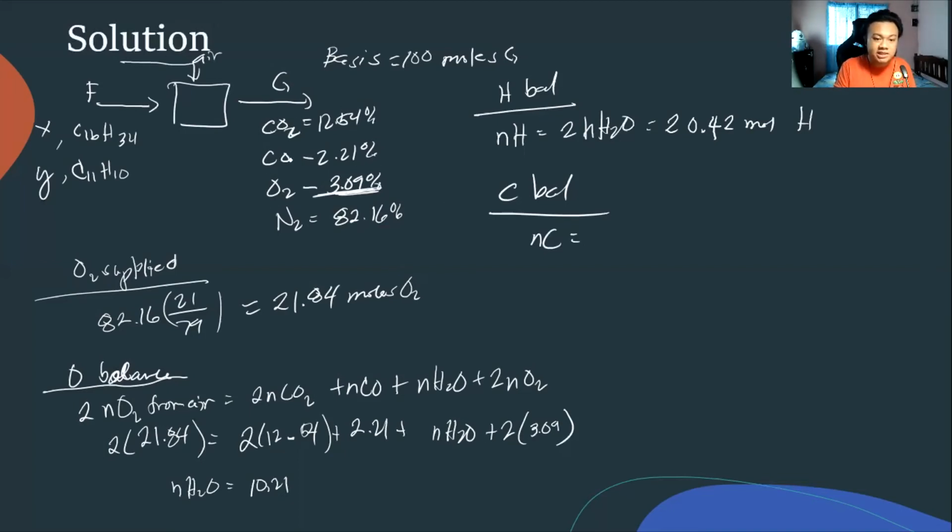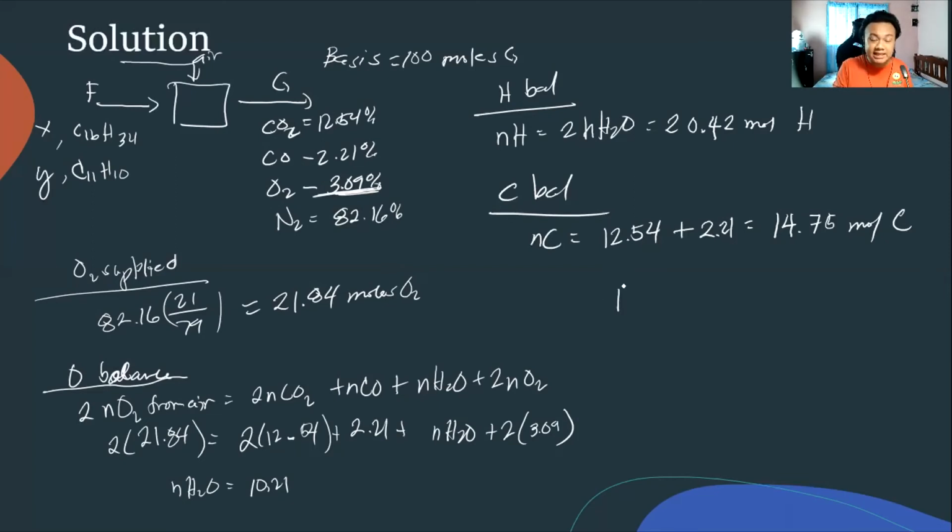These are the only species that have a C in the compound, di ba? So 12.54 plus 2.21, you will have 14.75 moles C. So get the overall balance now of C and H. So how do you do that? You have to have C balance and H balance overall, di ba?